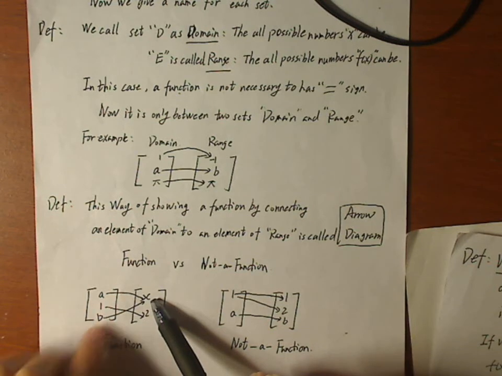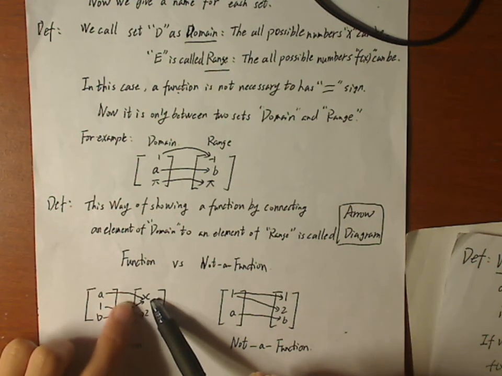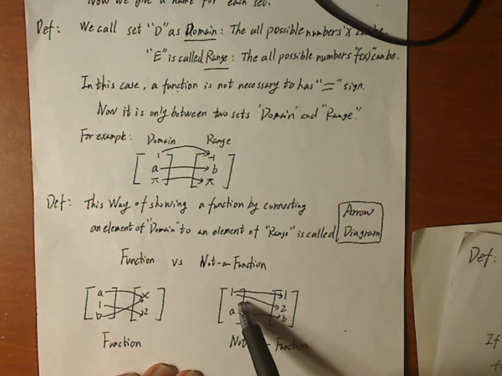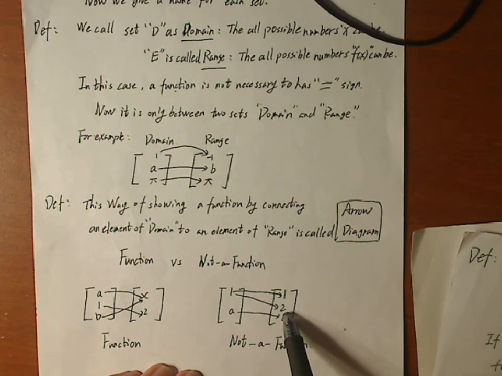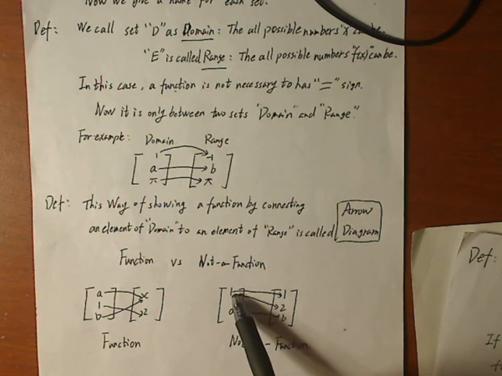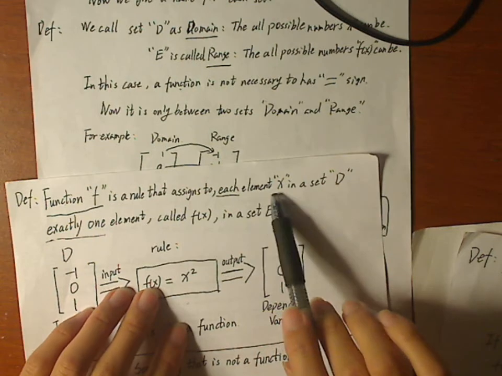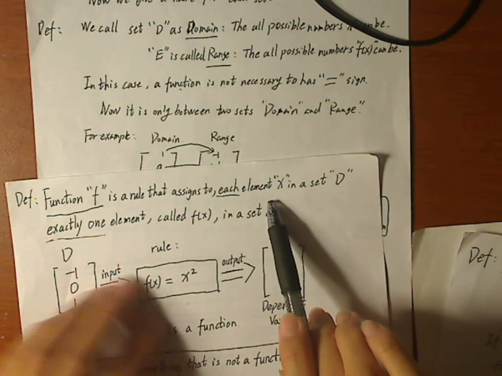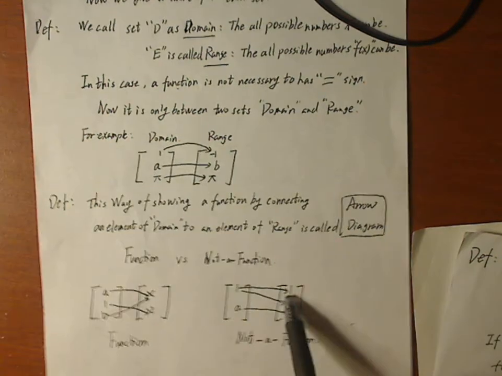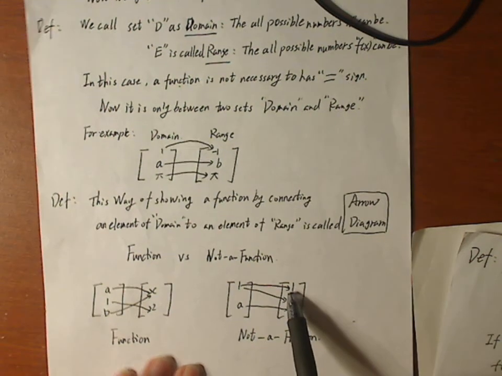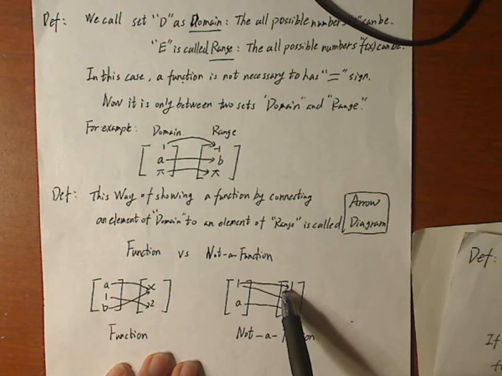But for here, I have 1 giving me 1 and 2. Remember the definition of a function? If I have 1 input x, I should only have exactly one element to show for it. Here I got 2, so this one is not a function, while the other is a function.